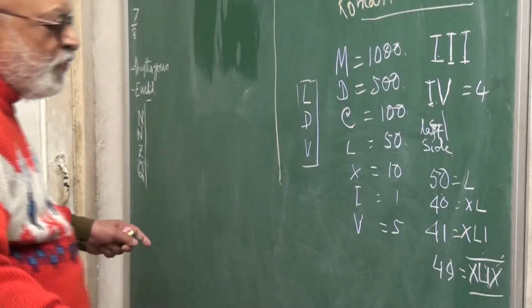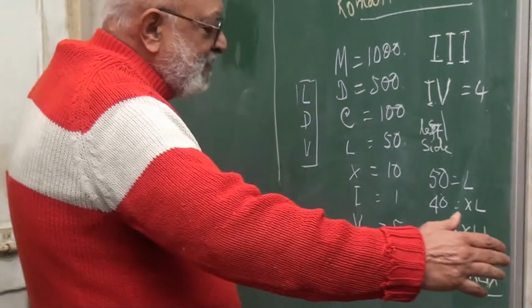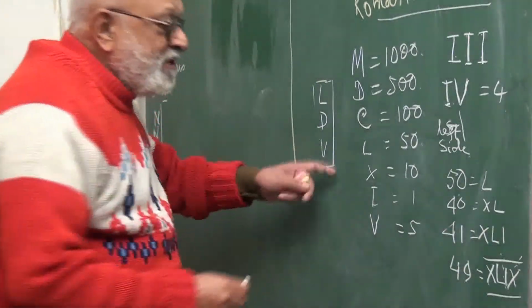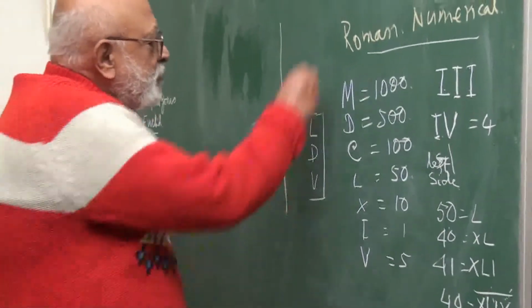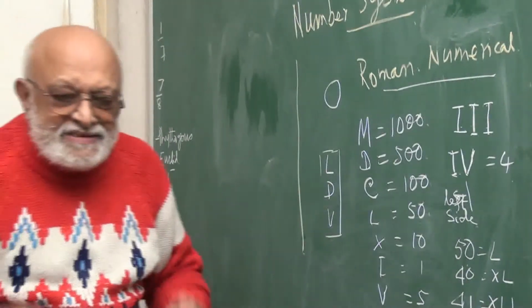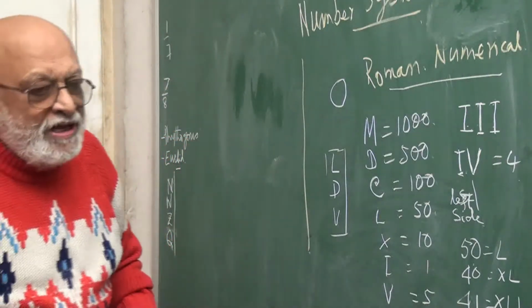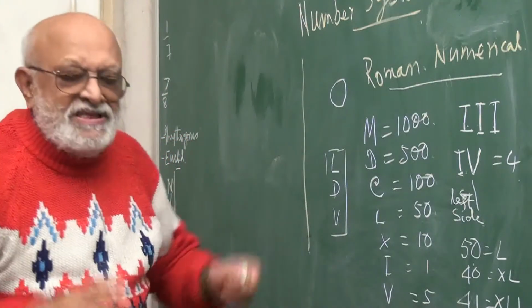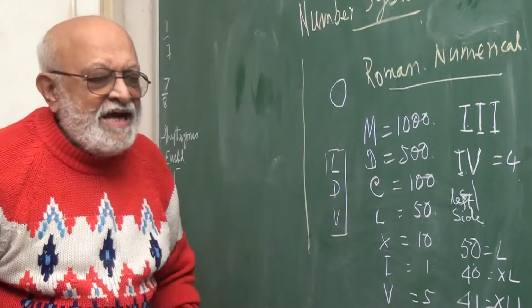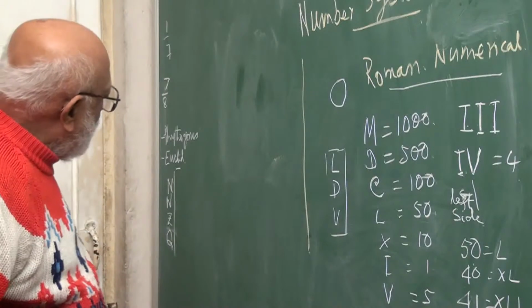As you go to larger numbers, these notations keep on increasing. Another thing you must note here is that there is no use of 0. As a result, they became very good in geometry, but they were very poor in arithmetic and algebra, so that part of science never went up.